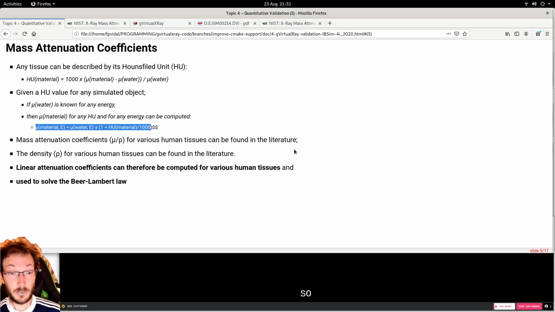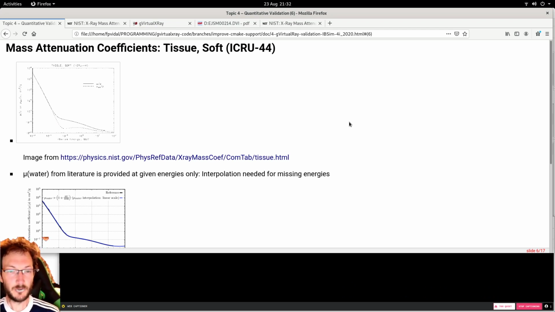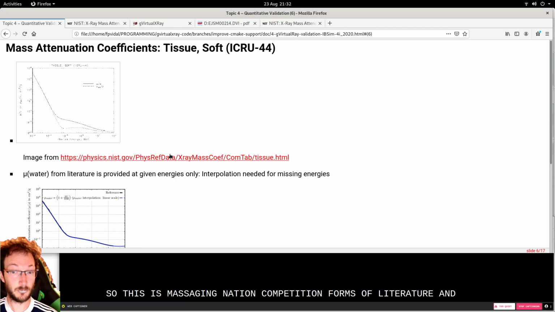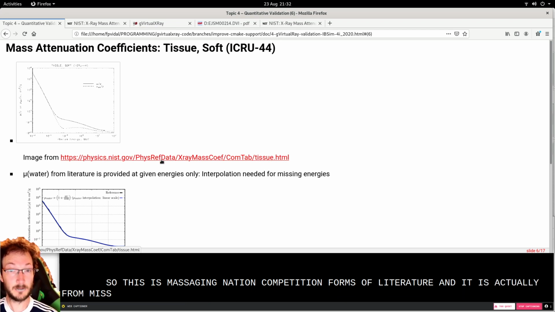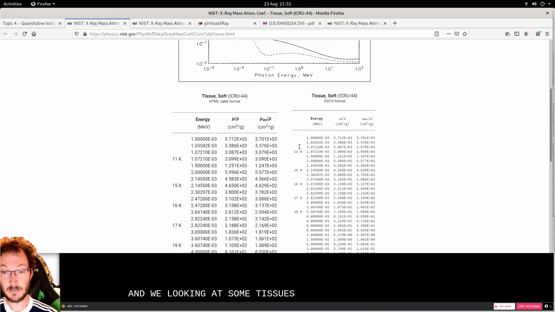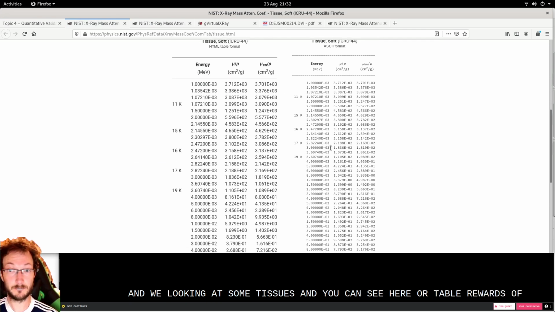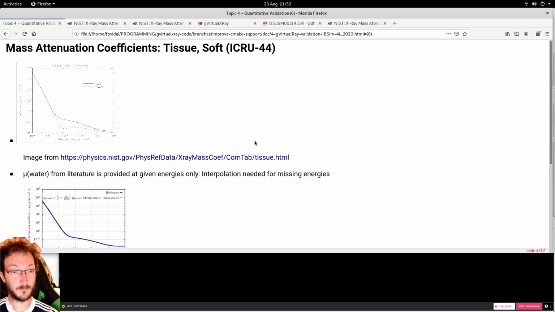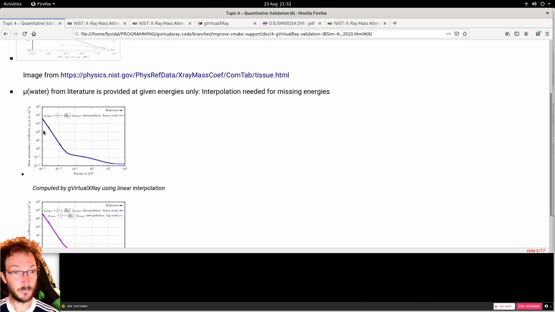So now let's see if our implementation is accurate. So this is the mass attenuation coefficient from the literature, and this is actually from NIST. And we're looking at soft tissues. And you can see here a table with all the values. And this is the one found by our package.